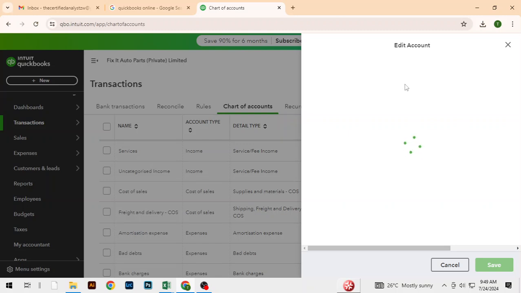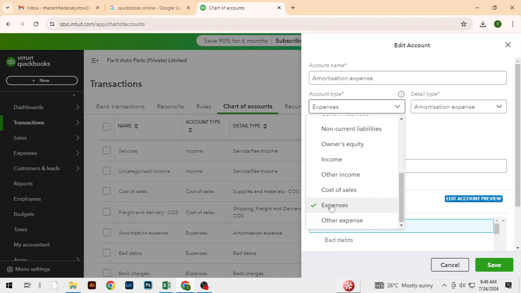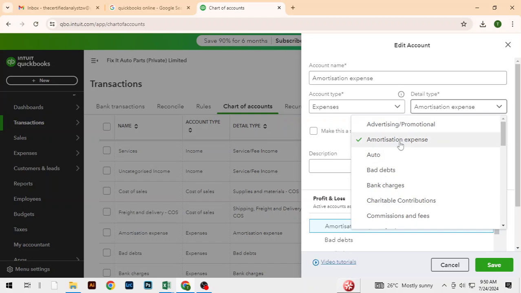So let's see how it goes. You are free to add any account that you may want to use, right? For example, we have got amortization expense. This account is an expense, okay? Expense like this, account type. And then detail type, this is amortization expense, okay?